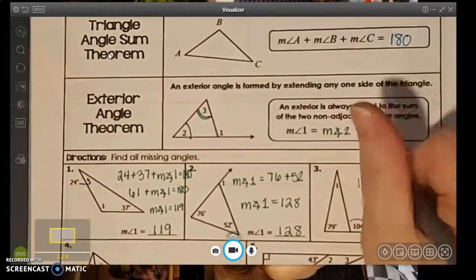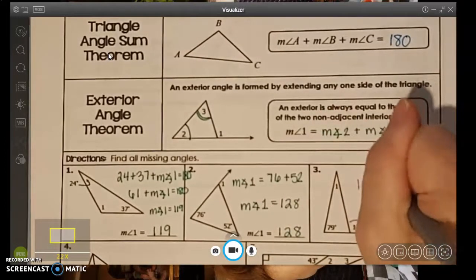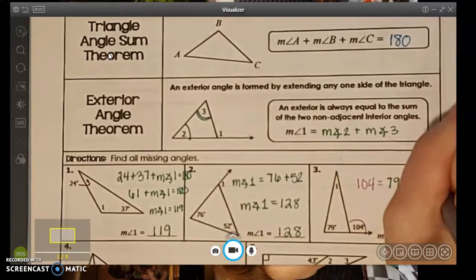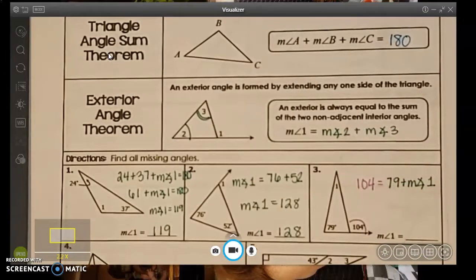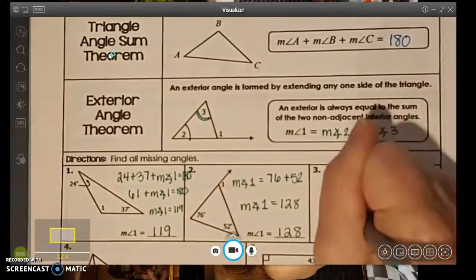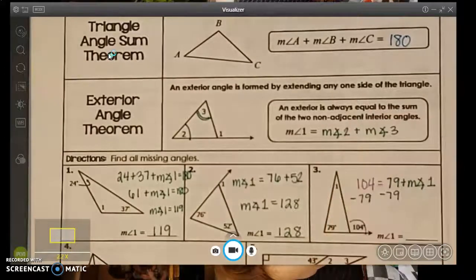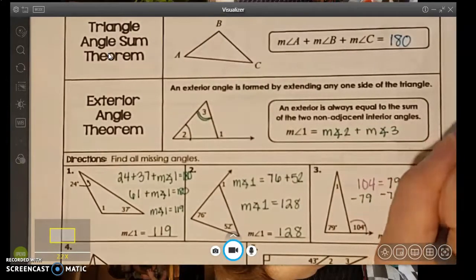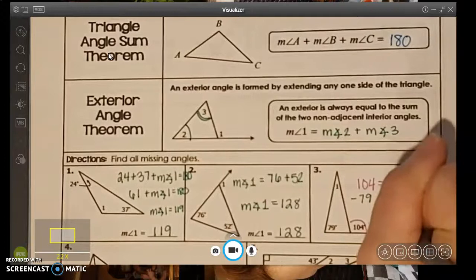So that's 79 plus the measure of angle 1. To find the measure of angle 1, to get rid of 79, we'll just subtract 79 from both sides. So if you do 104 minus 79, you should get an answer of 25.